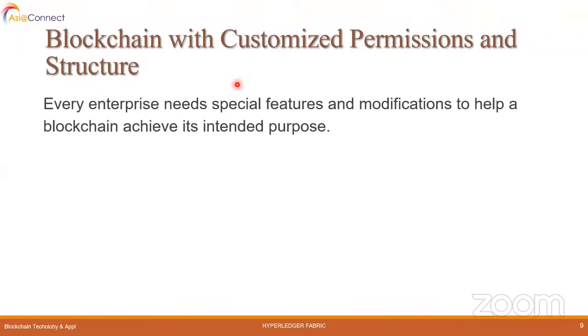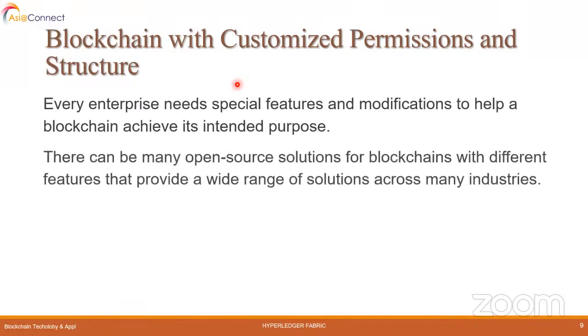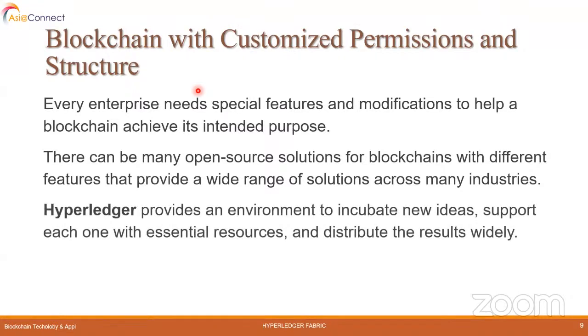For example, blockchain can be for HR management, for health management, or for many different purposes. Accordingly, special features and modifications are required. There can be many open source solutions for blockchain with different features that provide a wide range of solutions across many industries.